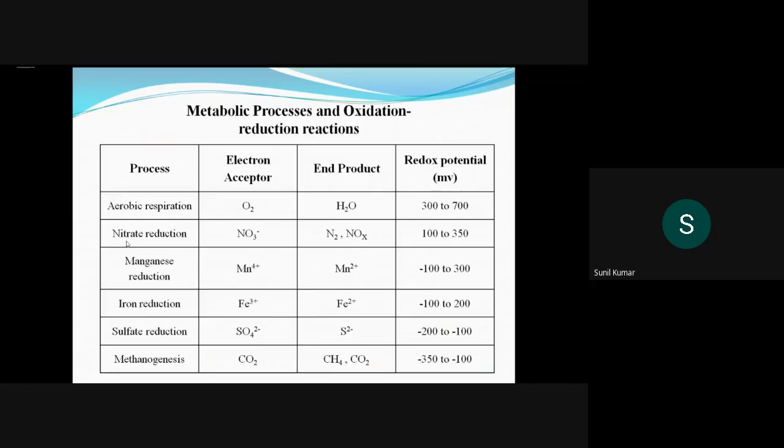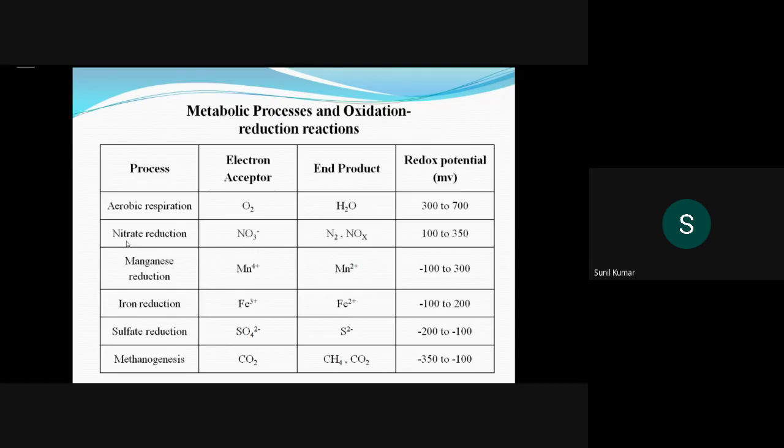So the point I'm trying to make here is that each stage can be measured, whether an aerobic, anaerobic or anoxic process is taking place, based on the oxidation reduction potential. If the ORP value is in the range of 300 to 700, it is considered that aerobic respiration is taking place.